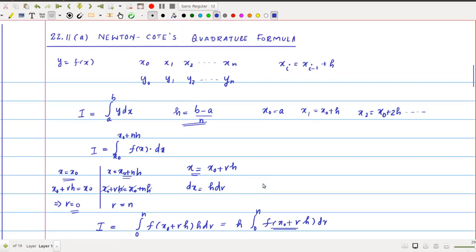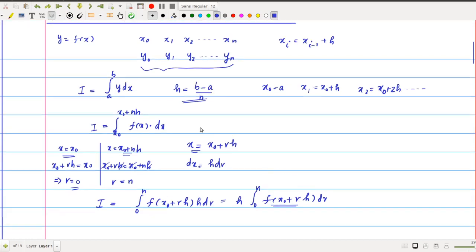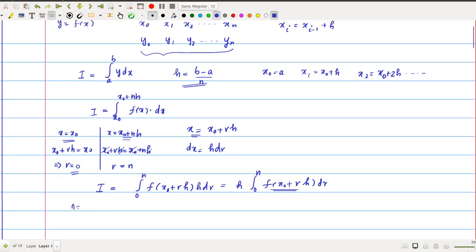The only thing you need to remember is if you have n points, then we take the approximation of f as an nth degree polynomial. Okay, so if n is equal to 1, we approximate this f by a first degree polynomial, that is a linear polynomial.